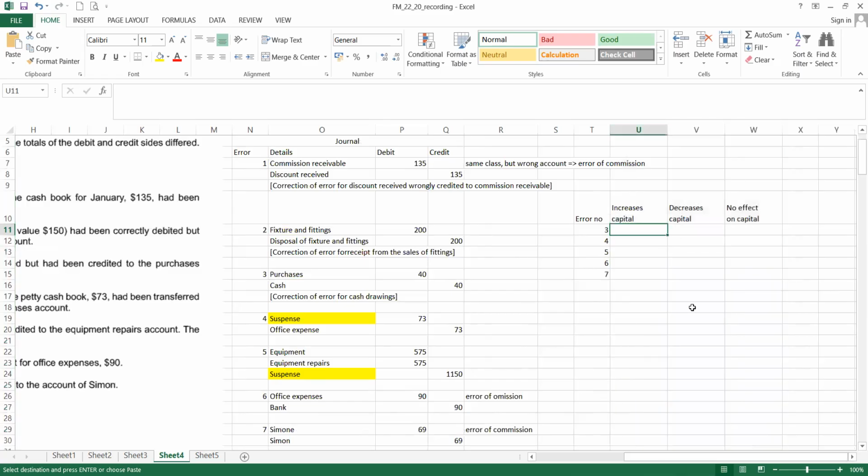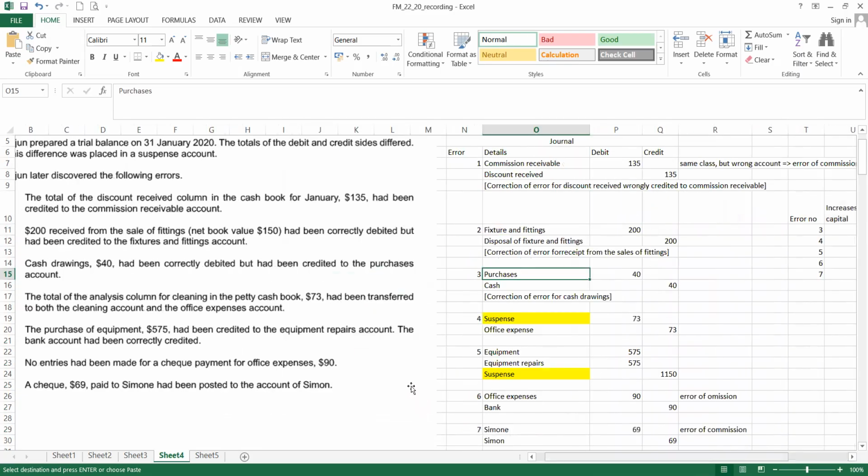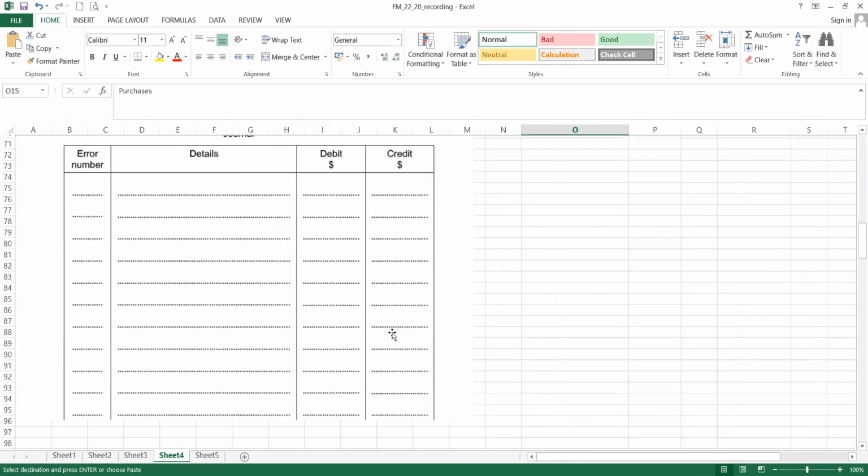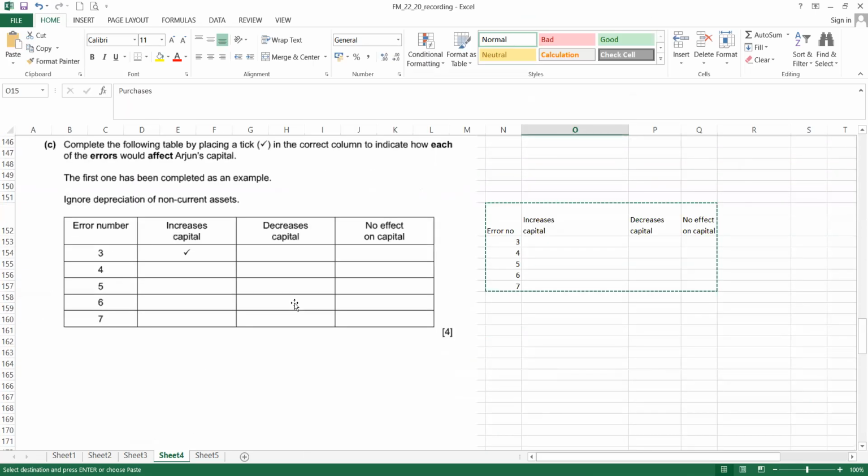Okay. For number 3, debit purchases. So here, cash credited, cash reduced. Okay, this one is cash reduced, but this one is the purchases. Is that what it says? Let me go back to the question again and check one more time. What is the question they asked?